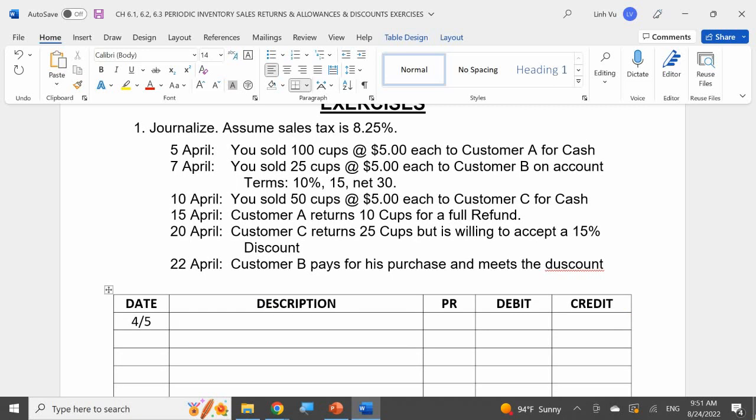Again, April 5th, you sold 100 cups at $5 each to customer A for cash. So the description would be cash, because that's what you're receiving. What else? Sales and sales tax payable. Okay, good.